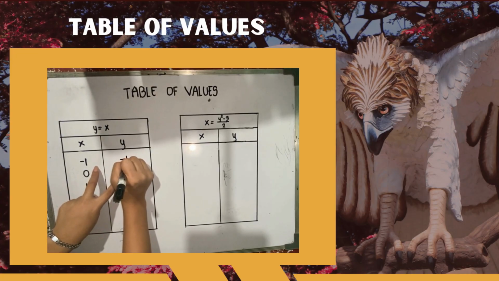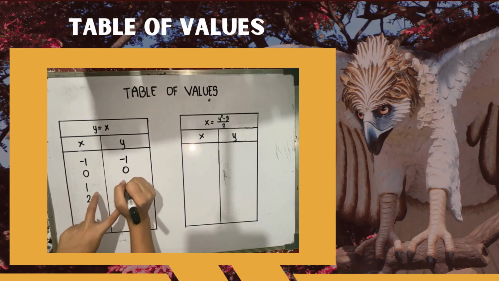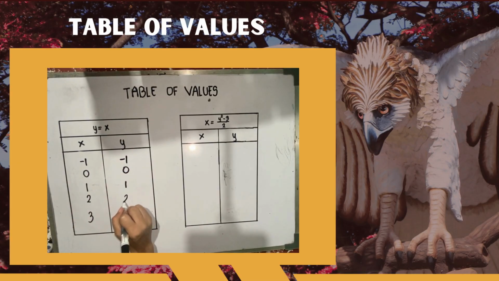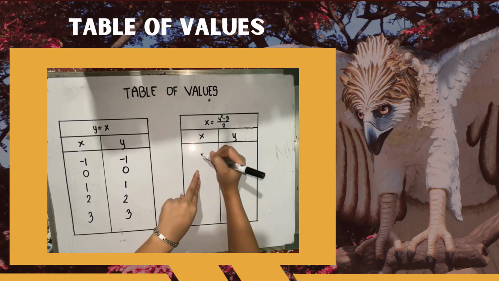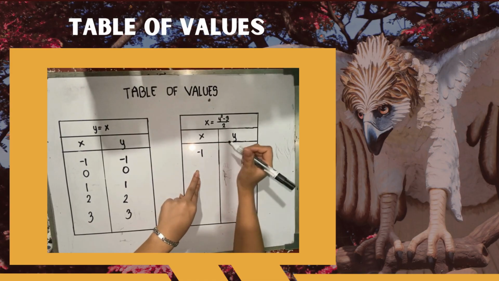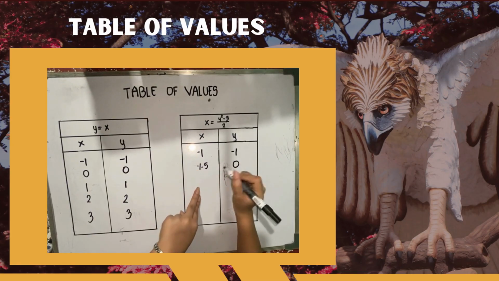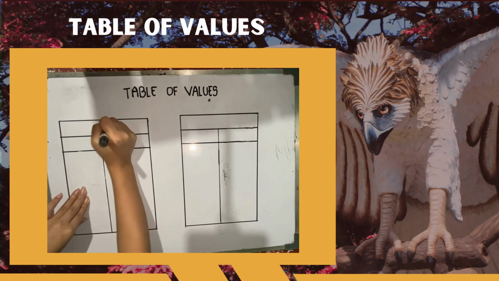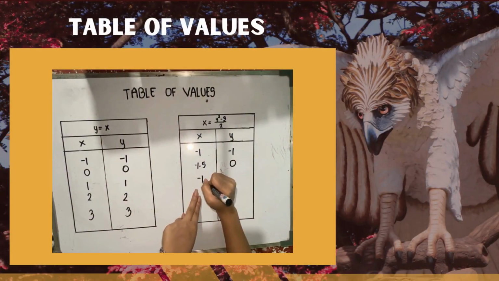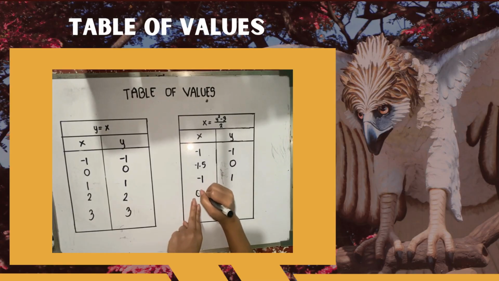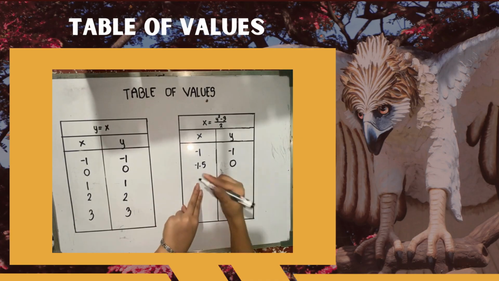For our y, negative 1, 0, 1, 2, and 3. For the second table, we have for x, negative 1, negative 1.5, 0, 1, 0.5, 2, 3, and 3.